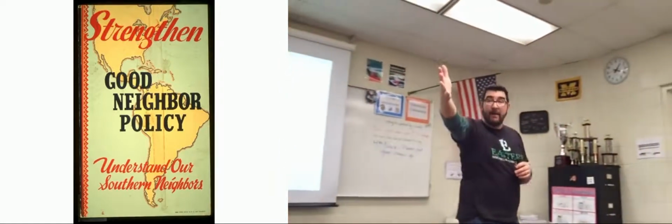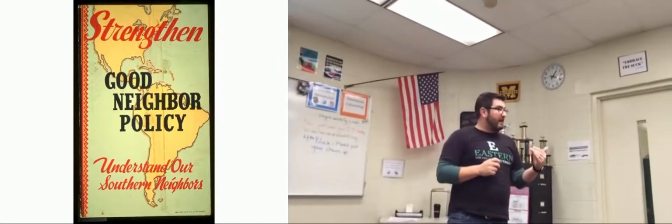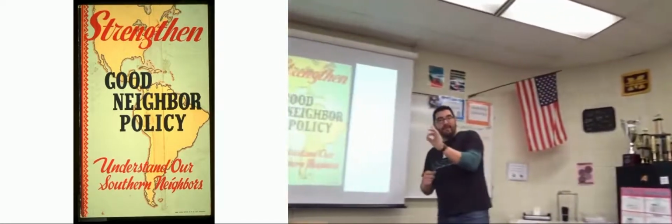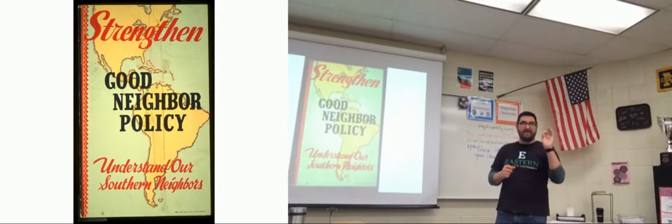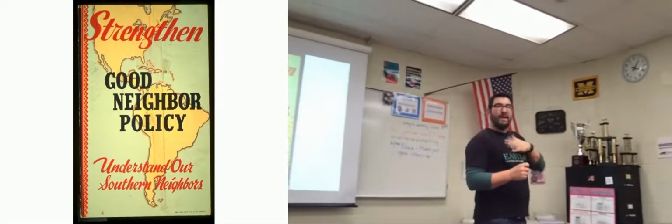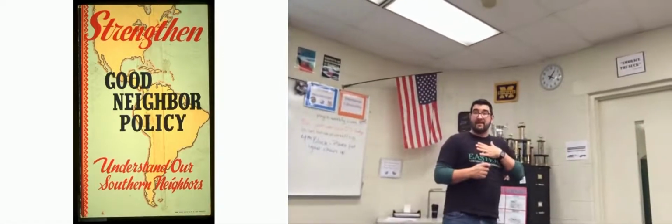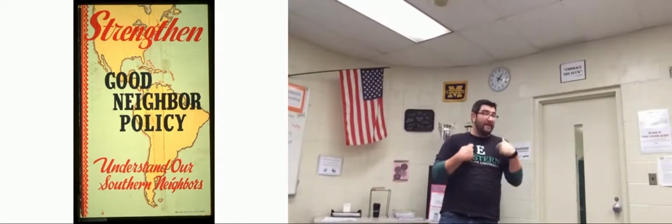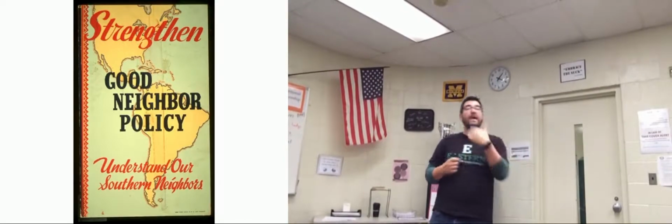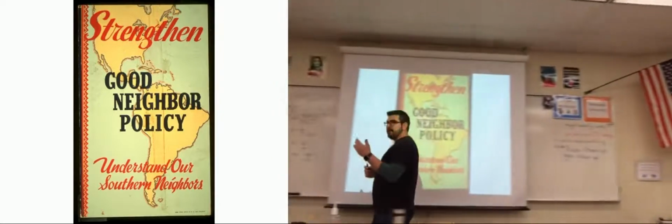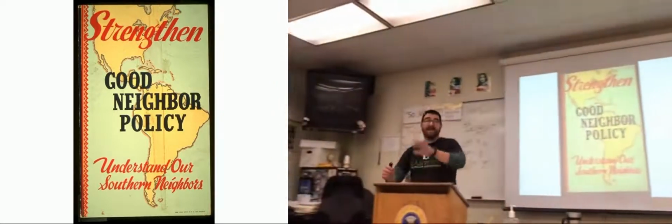Okay, the Platt Amendment in Cuba. Cuba gains its independence. We helped them craft a constitution. And within there, we put a clause that says, if your rights aren't ever being protected, we reserve the right to intervene. So if Cuba is not being run the way we think Cuba should be run, we have the right to intervene.